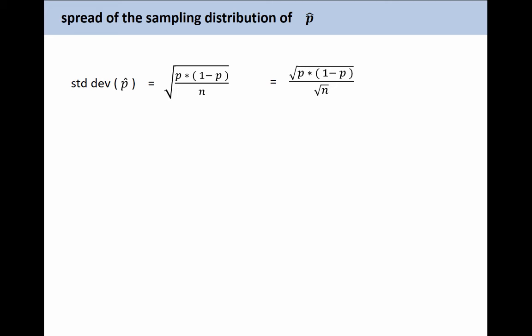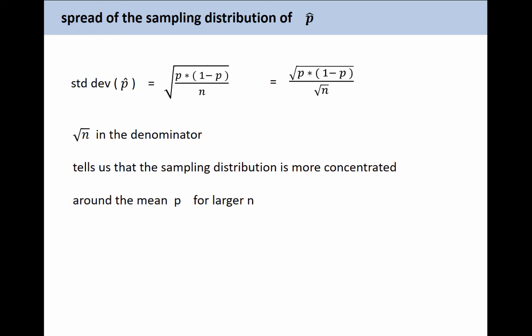Putting it in this algebraically equivalent formula emphasizes that with that square root of n in the denominator, the sampling distribution is going to be more concentrated around the mean p for larger n. And again, everything we've done here for p hat is parallel to what we did for x bar to put us on a good theoretical foundation.